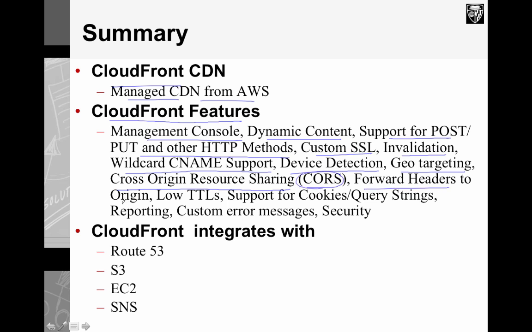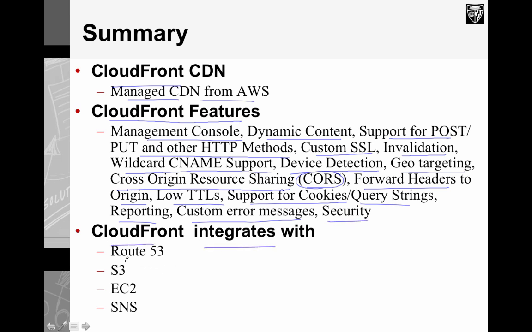forward headers to origin, low TTLs, and the TTLs can be as low as 0 for your content, support for cookies and query strings. It can send back that information back to the origin, reporting, custom error messages. So when a bad request comes into the edge site, it can send custom error messages as defined by you. Also security.